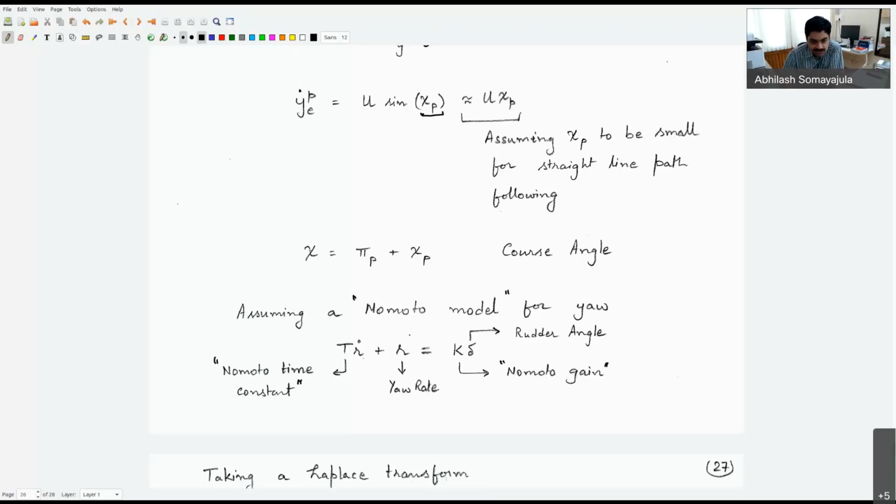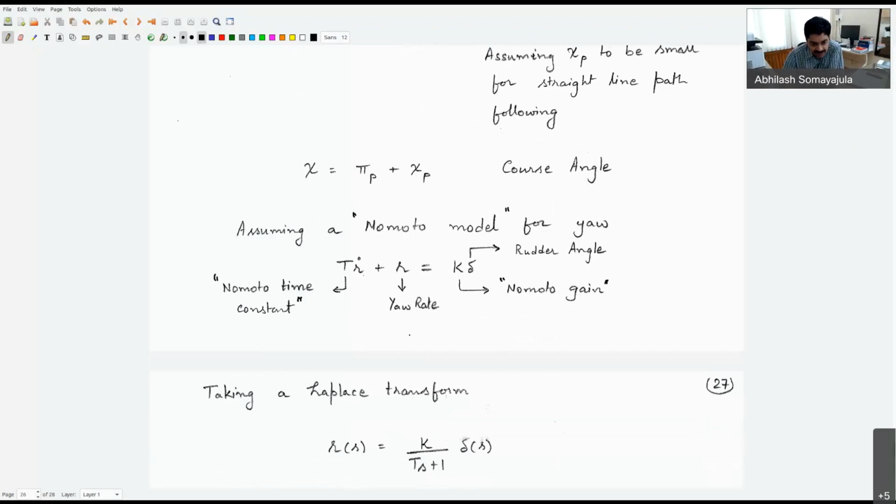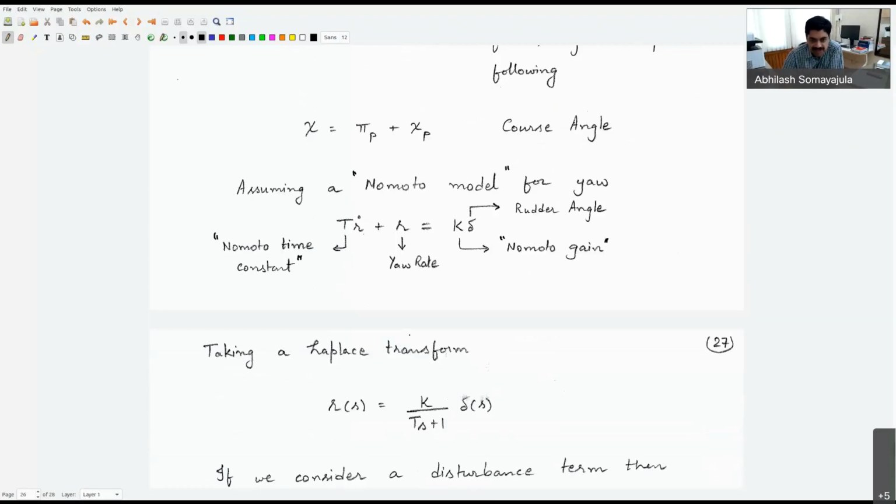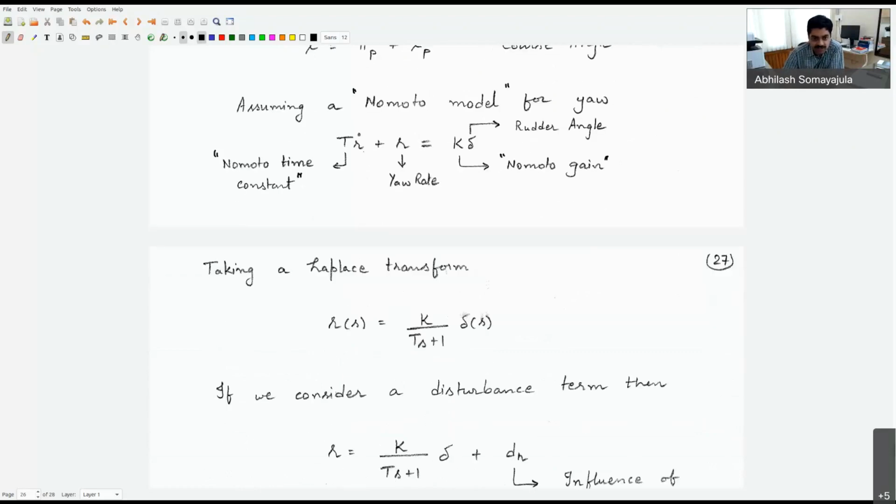This is the differential equation which will govern the yaw dynamics of a slowly moving ship. So taking a Laplace transform of this, we will get R of s is equal to K divided by Ts plus 1 times delta of s. Okay, everybody comfortable with this so far? Yes, sir. Okay, all right.